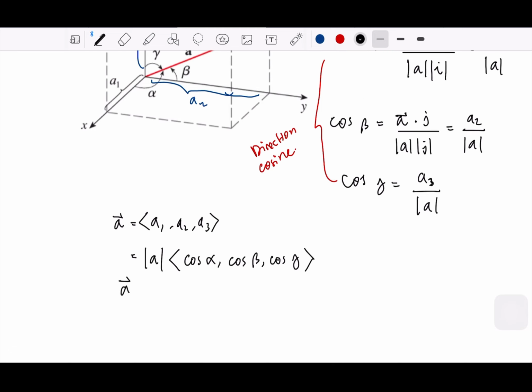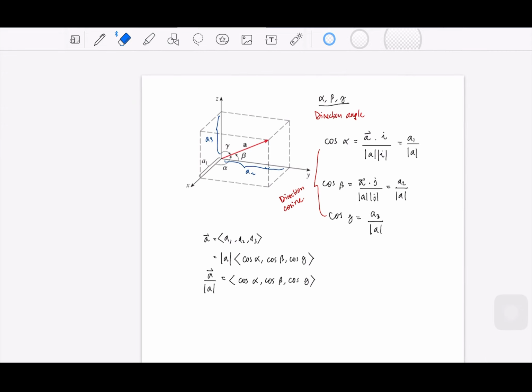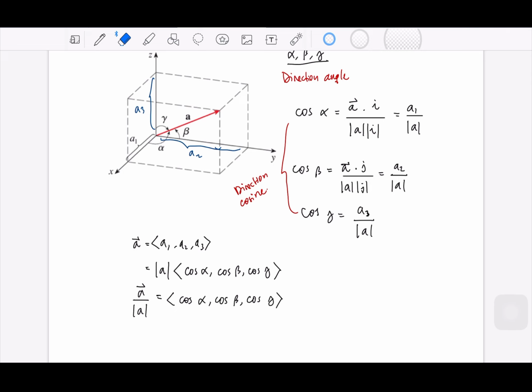So the direction cosines of vector A are the components of the unit vector in the direction of the vector A. So: direction angle and direction cosine.